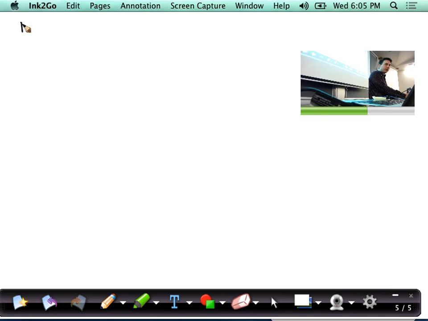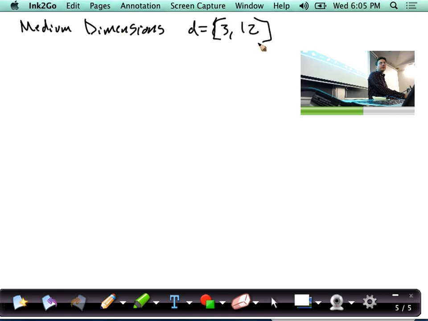Okay, so for medium dimensions, d in the range of, say, 3 to 12, roughly in this range, we're going to do some different sort of approaches.